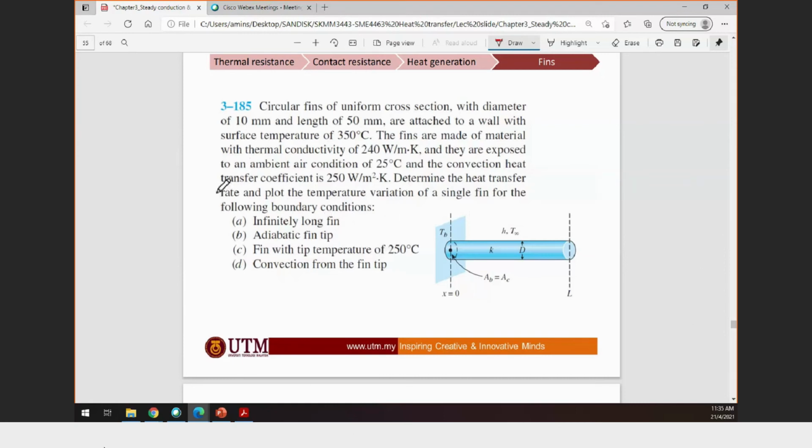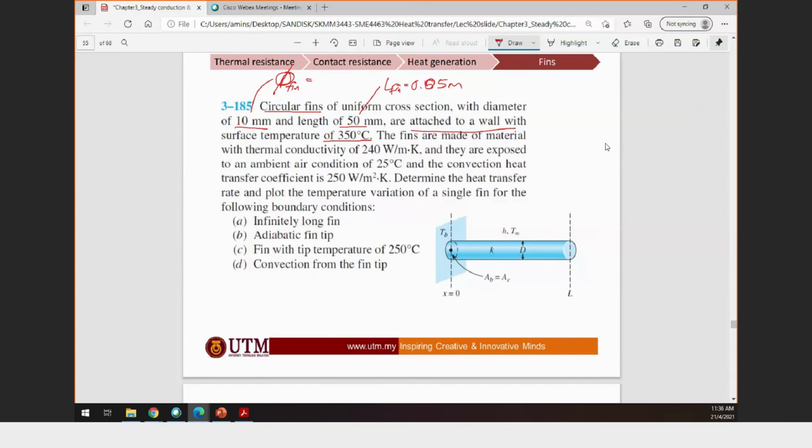You have this condition of fin. You have circular fins with a 10 millimeter diameter and a length of 50 millimeter, attached to a wall with a surface temperature of 350 degrees Celsius.